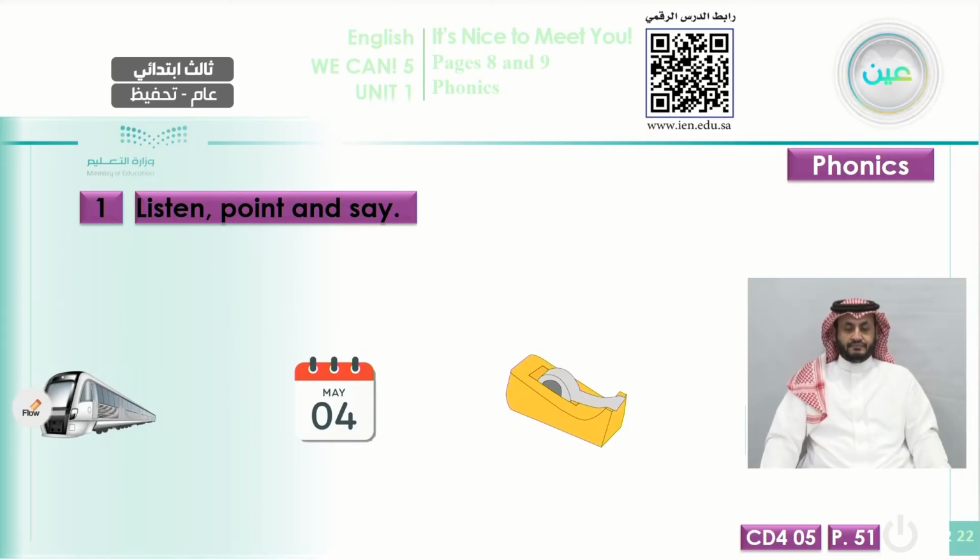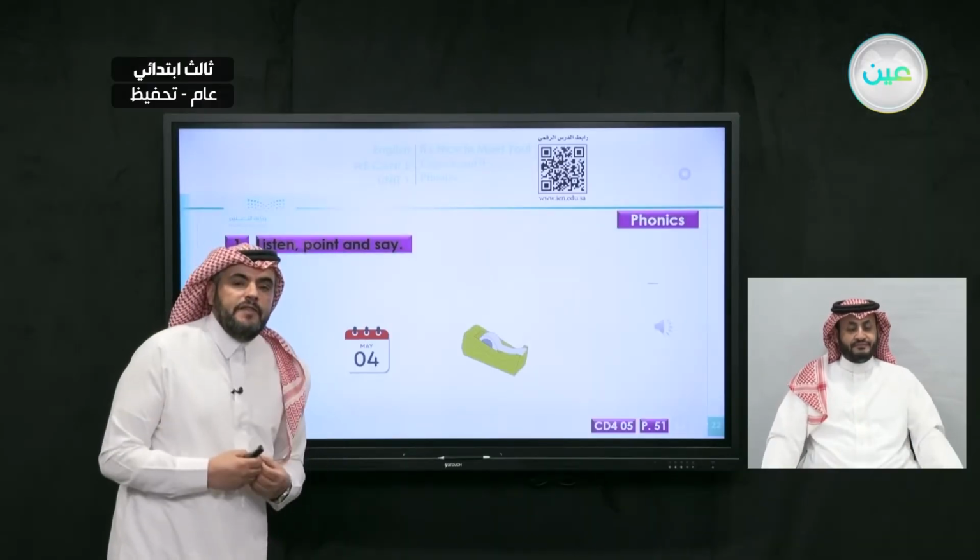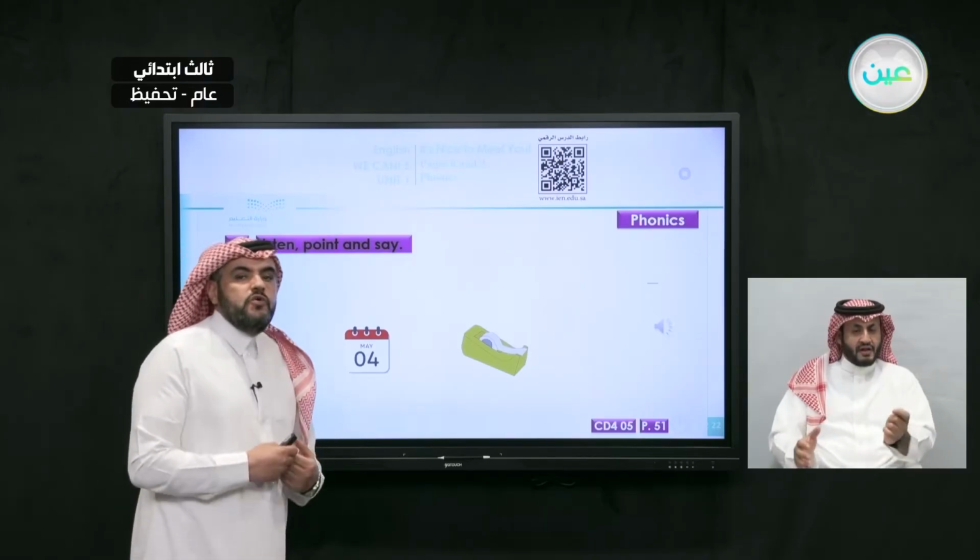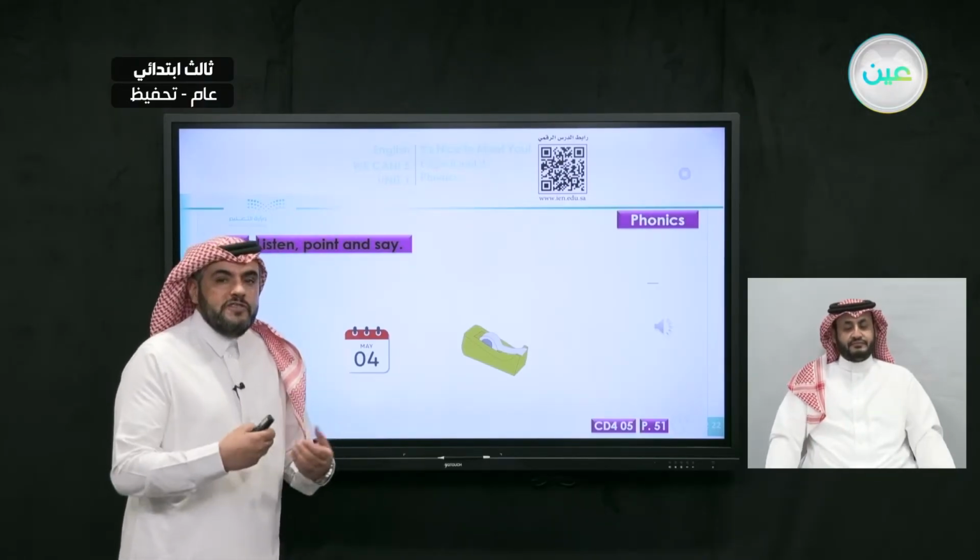Okay, and we go back to the phonics, which is on page 51. As you can see here, how to pronounce the words. The first picture is about a train. The second one indicates day, and the third one indicates tape. But how do you spell these words, and how do you pronounce them?